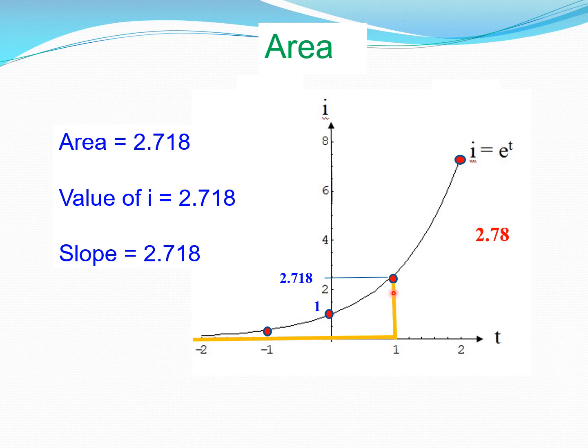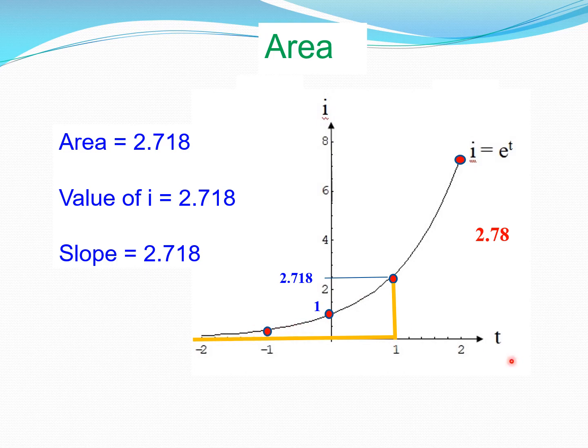And in actual fact, there's a third property associated with this. Not only can you calculate the value of the function at particular t values, it also has the same value when you take the slope. And if you take the area under the graph to the left of it, it also has the same value, 2.718. As an estimate from that graph, the area inside that rectangle from 0 to 1 up to 2.718 is e, and roughly the area above the graph underneath there is equivalent to that area there.